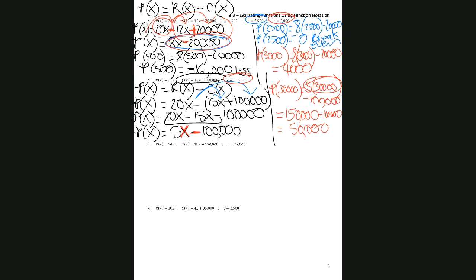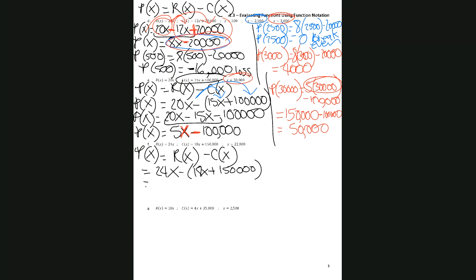I'm going to just do this last one because I'm running out of time. I need to go to class. So to find the profit, we do the same, the revenue minus the cost. And so this will equal 24x minus 18x plus 150,000.